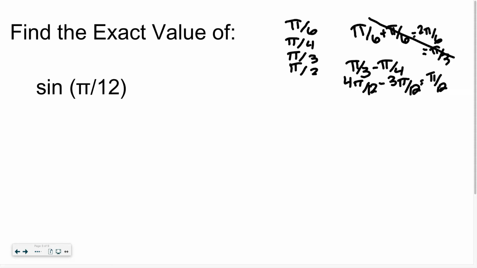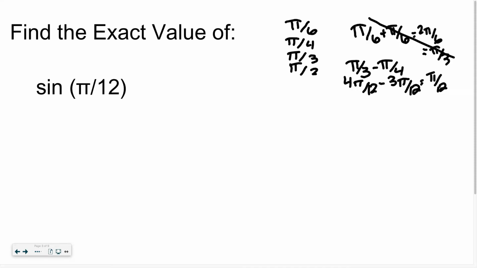Liam? I can't use pi 12, such as pi 6 minus pi 12. No, because we don't know pi 12s anyway. Let's see, that would be 2 pi 12s and 3 pi 12s.